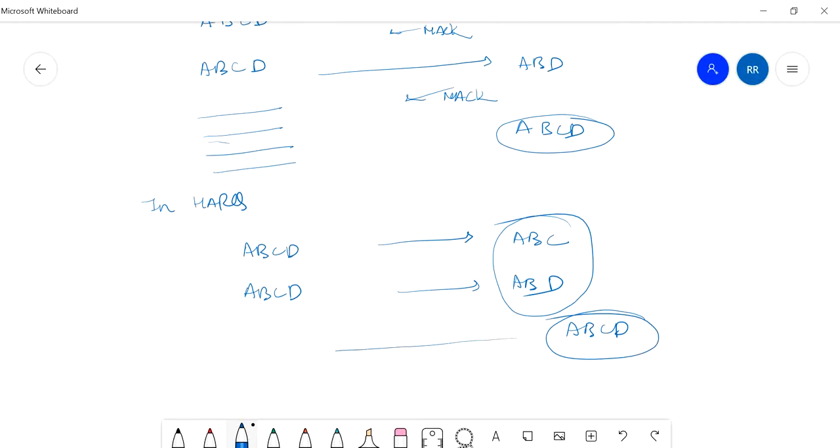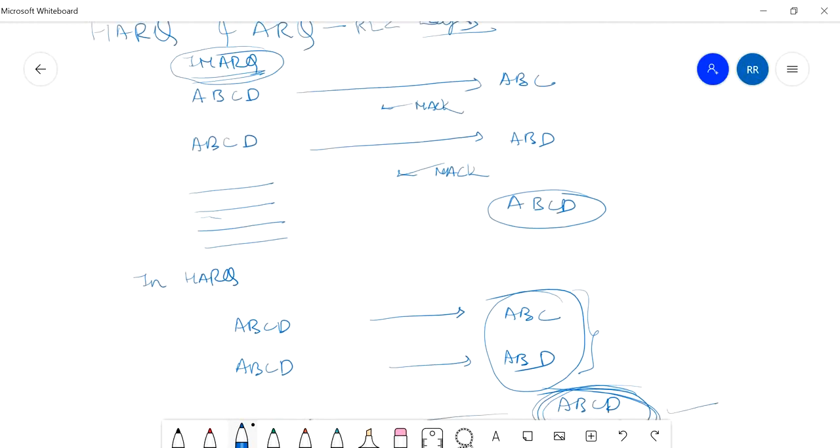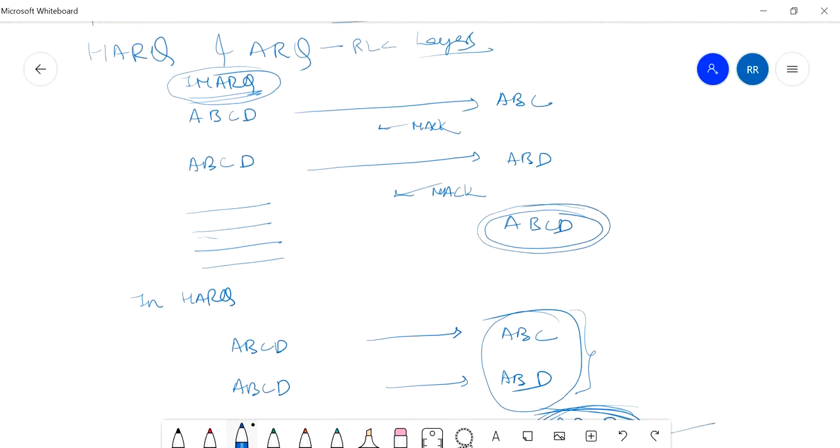It will not ask to transmit ABCD again. By combining these two it will make ABCD. So this is the basic difference between ARQ and HARQ. And obviously retransmission will stop once it gets ABCD, rather than waiting for the complete ABCD in a single attempt.